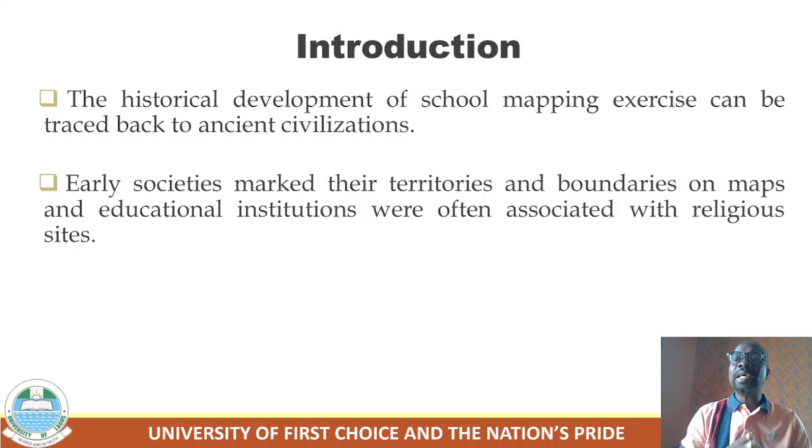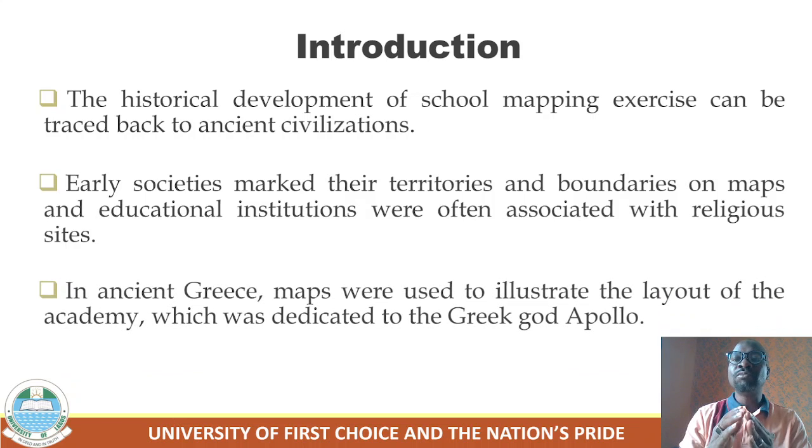And educational institutions were often associated with religious sites during the period of ancient civilizations. So what I'm saying here is that apart from those early societies trying to indicate their own boundaries on the maps, they also ensured that the early schools were located and associated with religious sites.